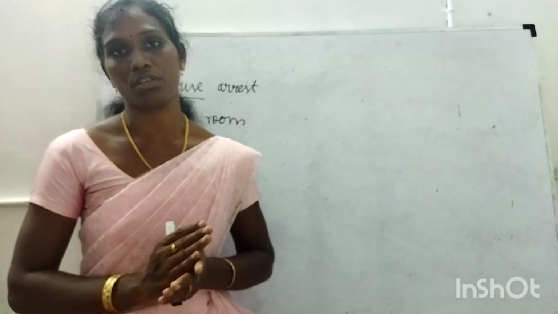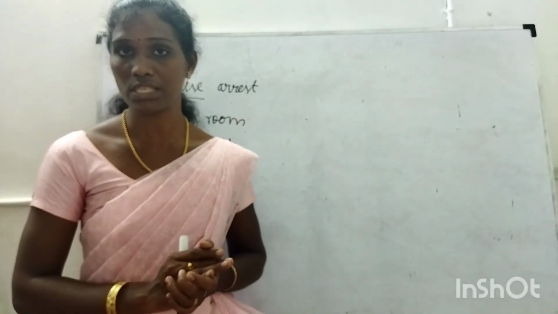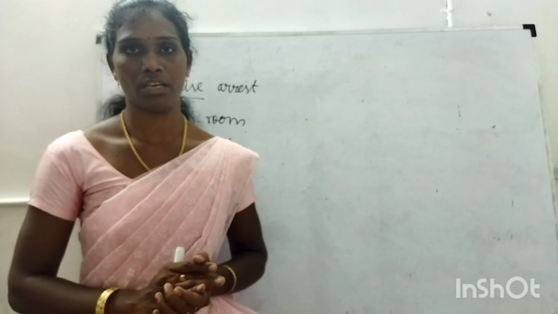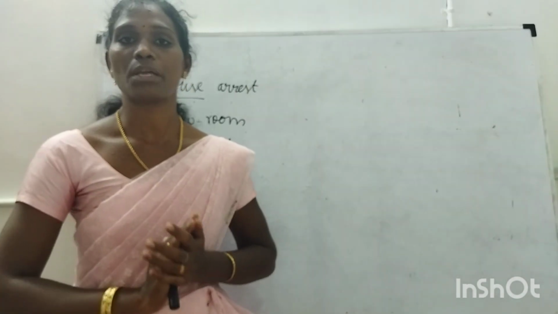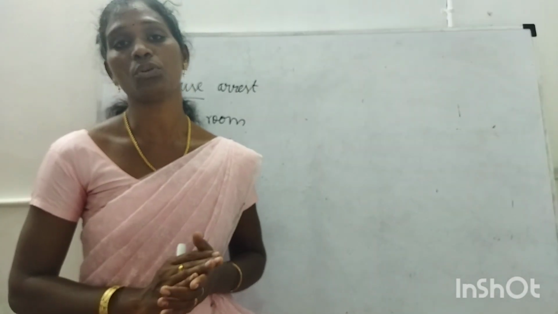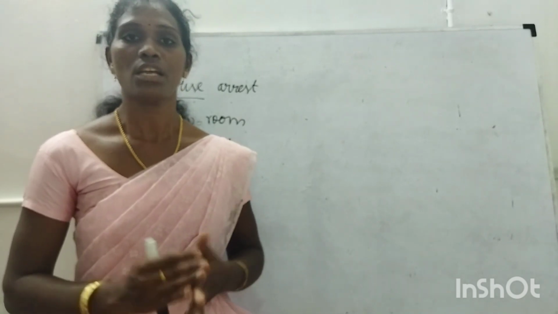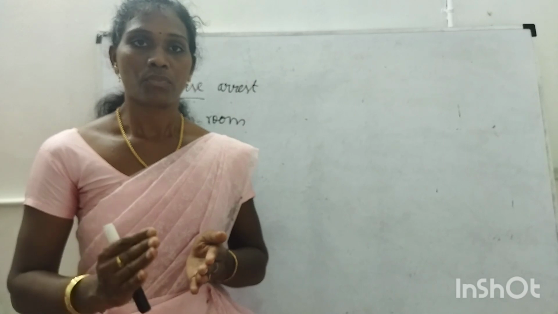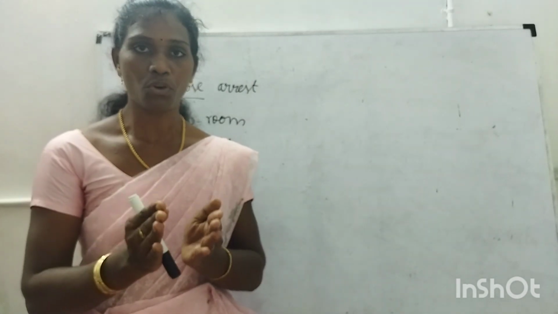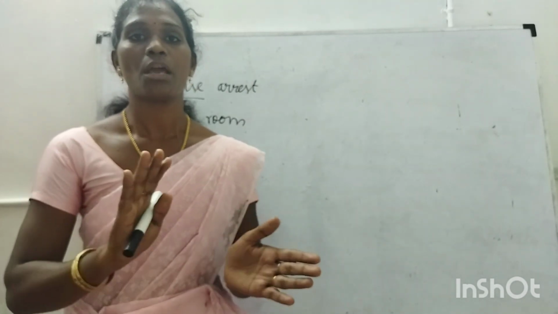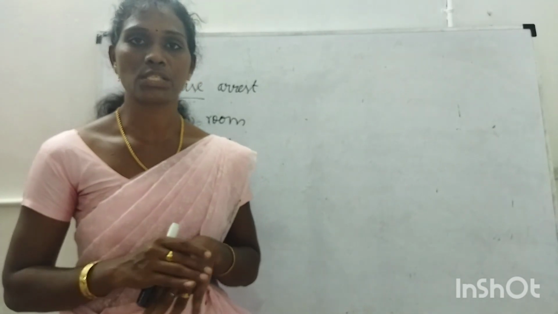You can just read them out. No need to learn everything by heart because you have the options in the question. So no need to spend more time learning expansions, and don't think it's the worst area. We can't study everything in a day. Slowly, day by day, if you learn a few, surely by the end of the year you can finish everything.